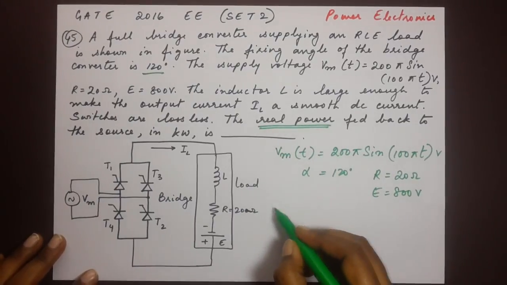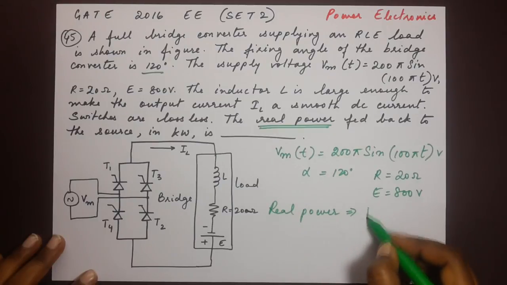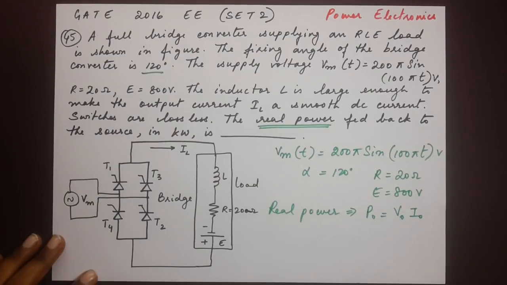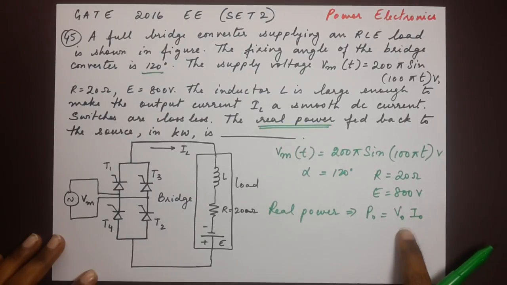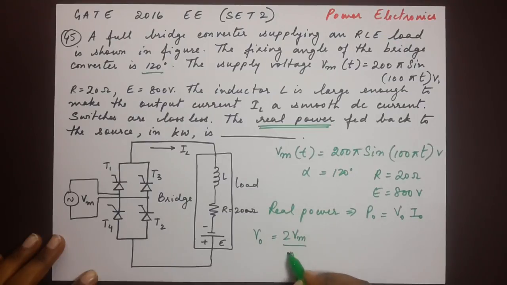So the real power is the output power P naught, which in simple terms can be written as V naught into I naught. Now we need to find out the values of V naught and I naught. There is a general expression for V naught when we are considering circuits such as this. V naught is equal to 2 Vm by pi cos alpha, where alpha is the firing angle.